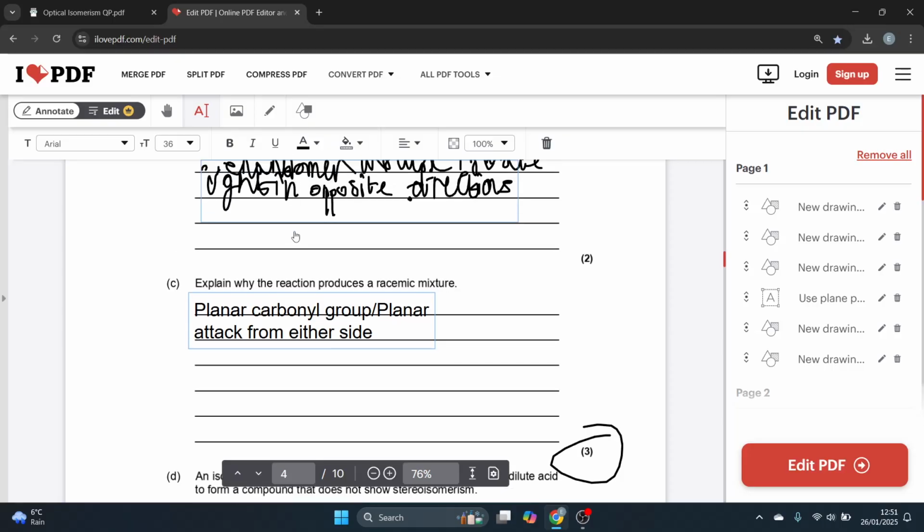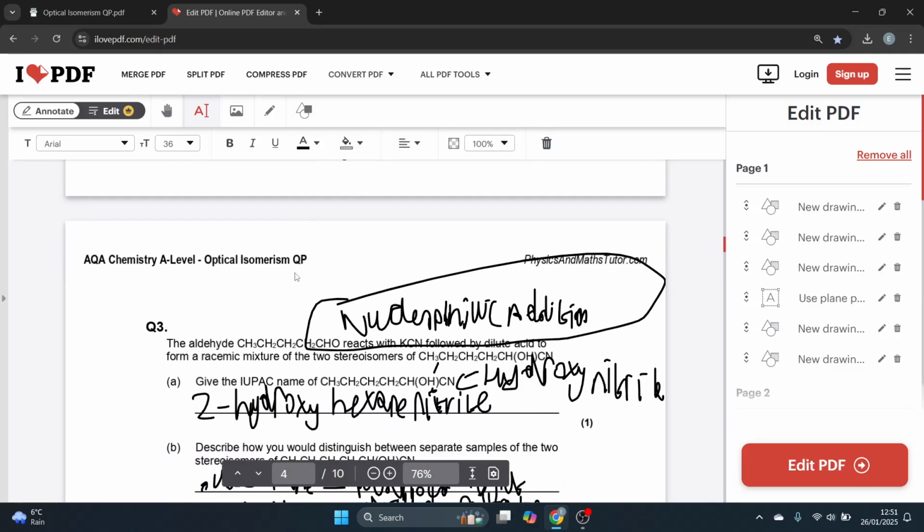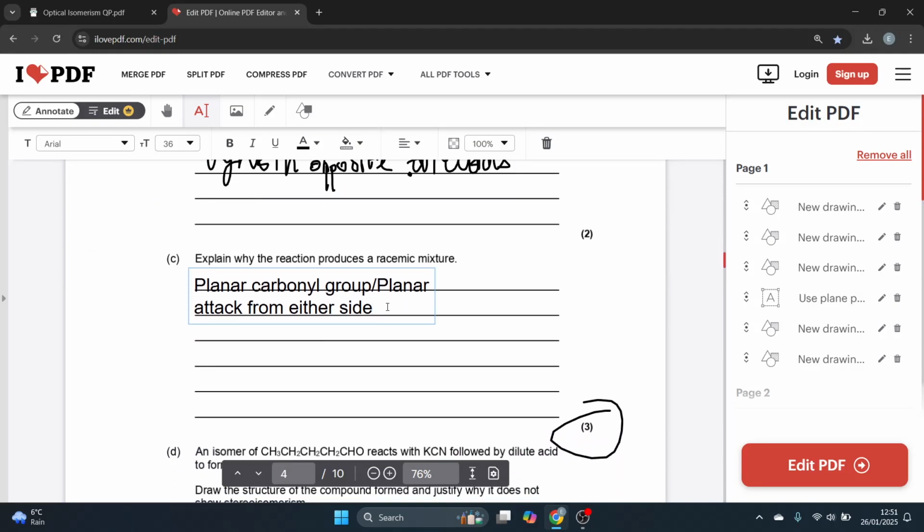In this case, the CN minus with the lone pair of electrons can attack from either side, hence producing equal amounts of the 2 enantiomers, or with equal probability. You can say that instead.